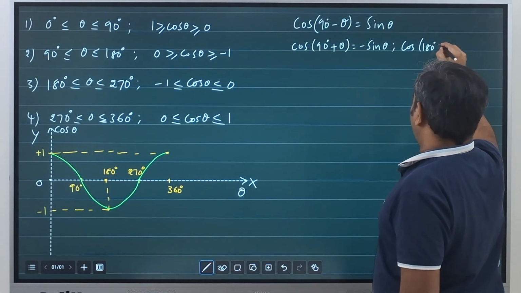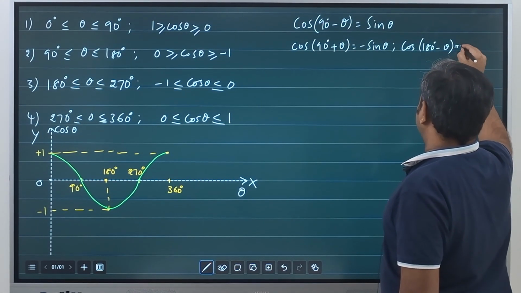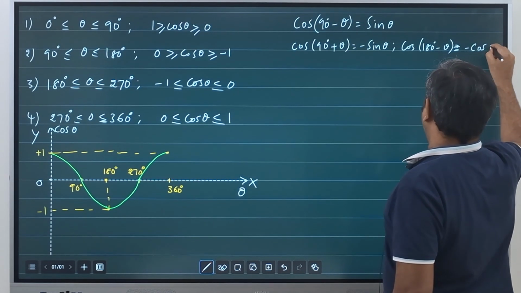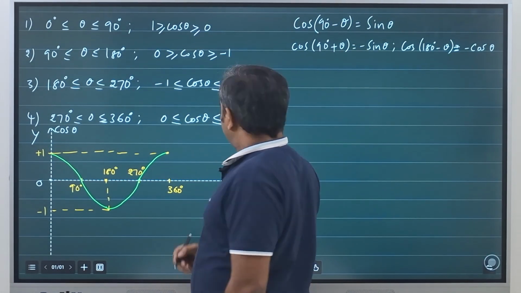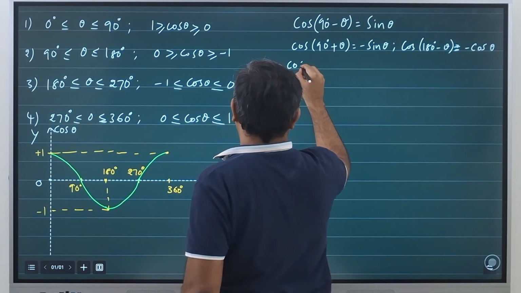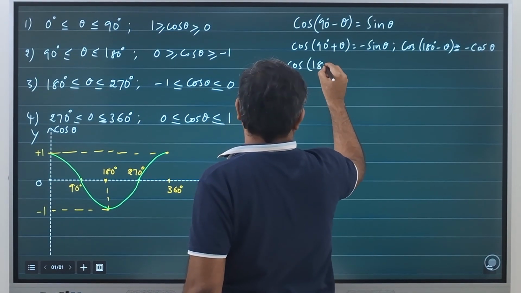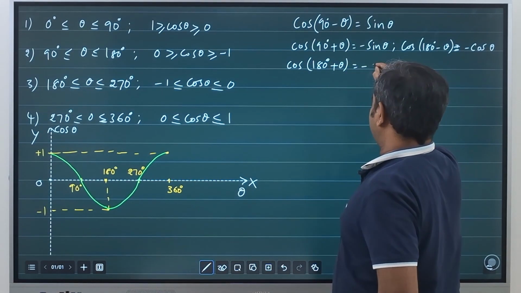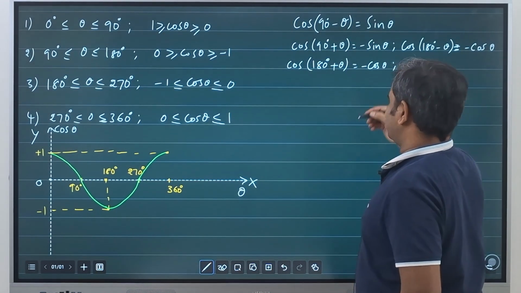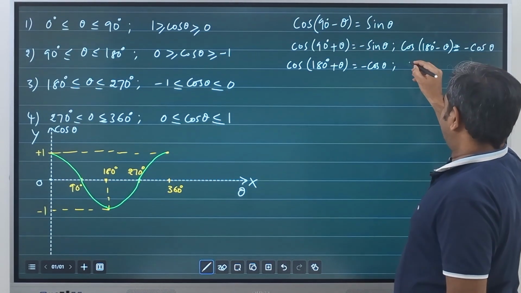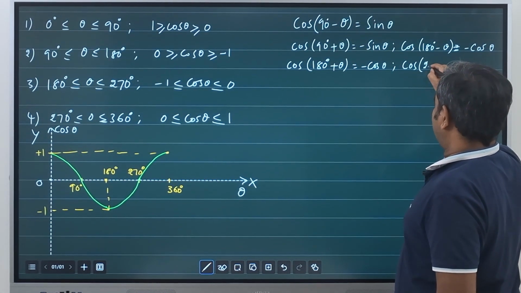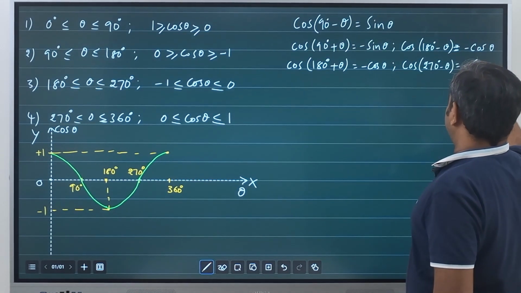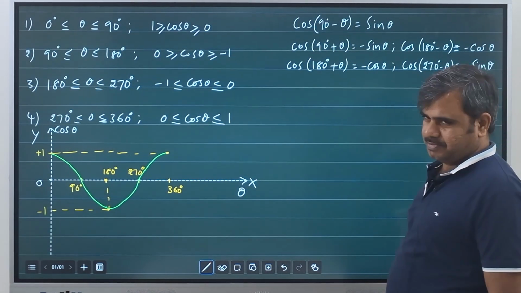Cos of 180 degrees minus theta in the second quadrant is equal to minus cos theta. And in the third quadrant, cos of 180 degrees plus theta is equal to minus cos theta, and cos of 270 degrees minus theta is equal to minus sine theta.